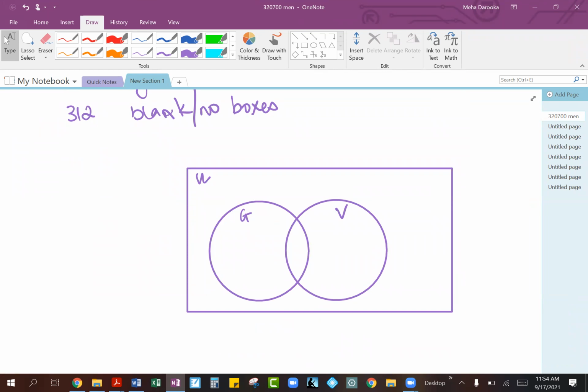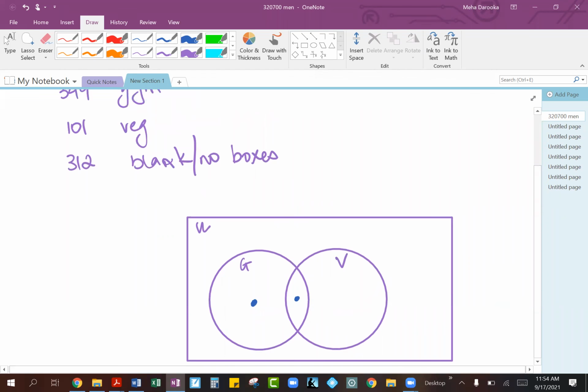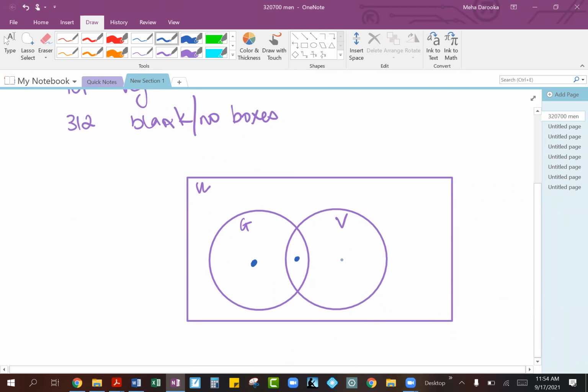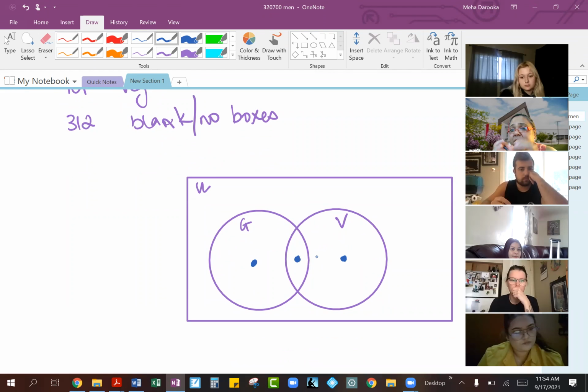So that 349 is going to be everybody who's outside the overlap and everybody who's inside. Together they make up 349. And that's going to be the same thing with the 101 for the vegetarian. So everybody in this circle, including the overlap, is going to add up to 101. So we have a little bit of overlap happening in there.